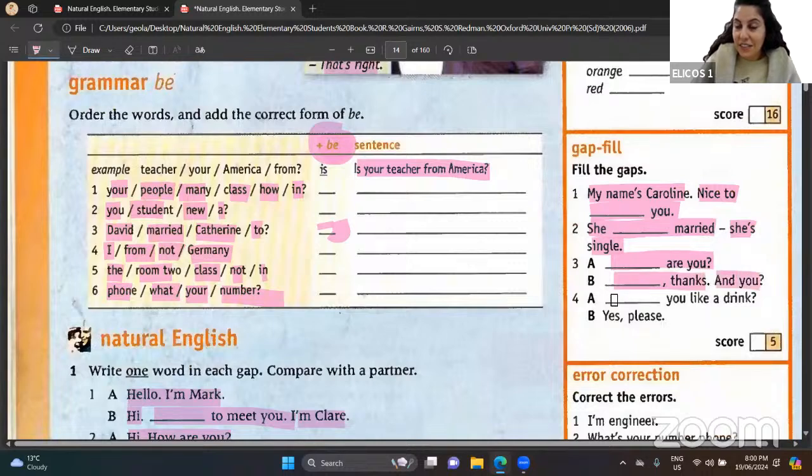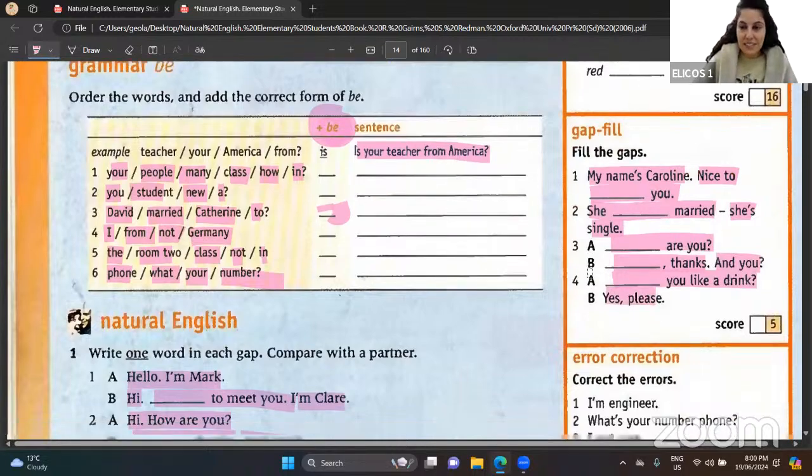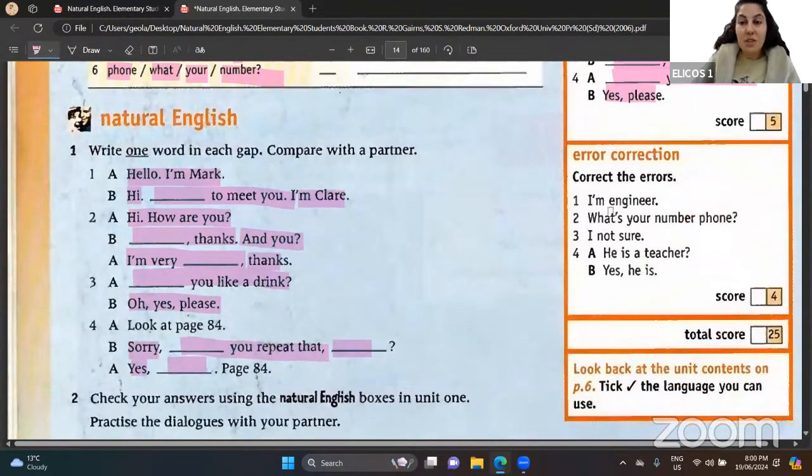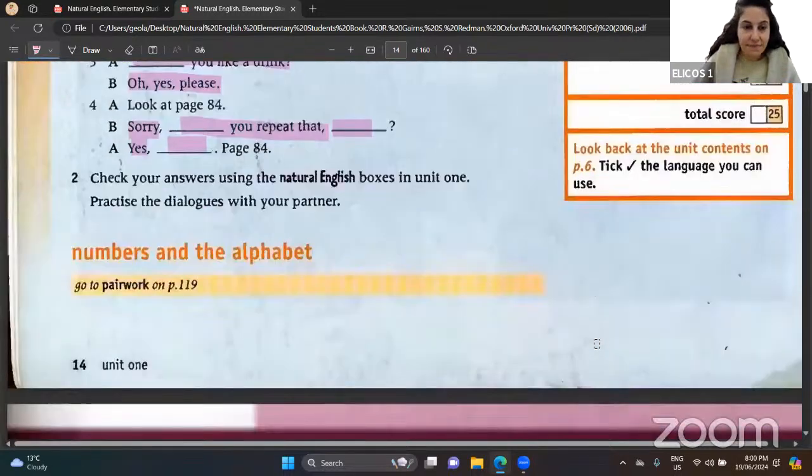And you? Would you like a drink? Yes, please. Okay, so we did those. And you remember talking about your job? We can use the verb to be. I'm an engineer. What's your phone number? I'm not sure. Make sure you put I'm. Is he a teacher? Yes, he is.